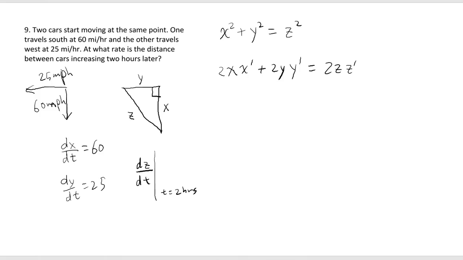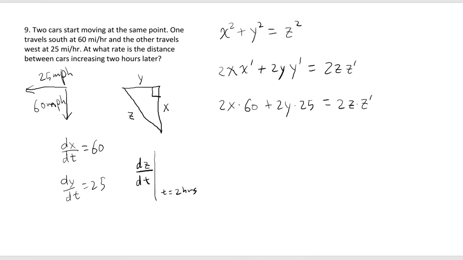Then we have 2x, and x prime is the rate of change of x, so it's 60. 2y, y prime is the rate of change of y, which is 25. And then 2z, and then z prime. Well, z prime is exactly what we want to know. We want to know dz/dt.